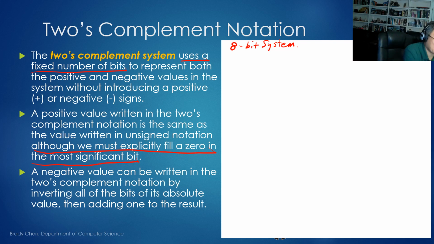Let's take a look at an example. Let's say we want to represent the number 13. 13 is a positive number. You can put the plus sign, or if we don't use the plus sign, it still means positive, right? So what is the binary representation for 13?